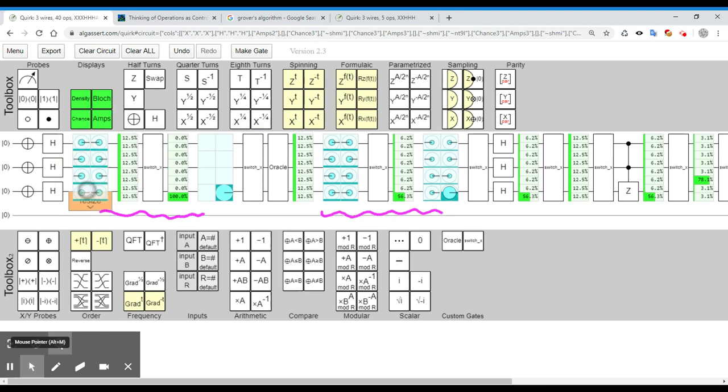No, it's not the same. Taking a look at it, no, it's not the same at all.